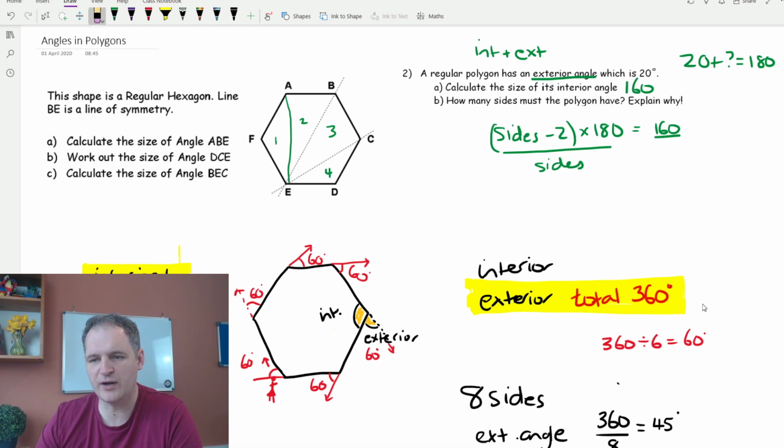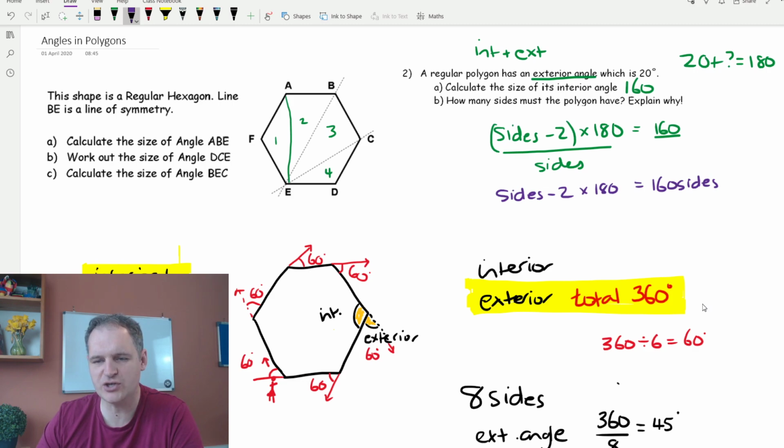So we have to work it backwards. If we undo this, the sides take away 2 times 180 is equal to 160 times the number of sides. So I'm going to turn this into an equation. x minus 2 times 180 equals 160x.